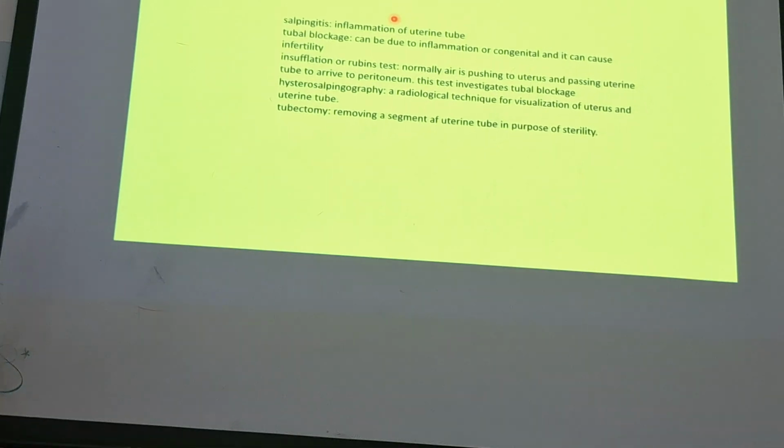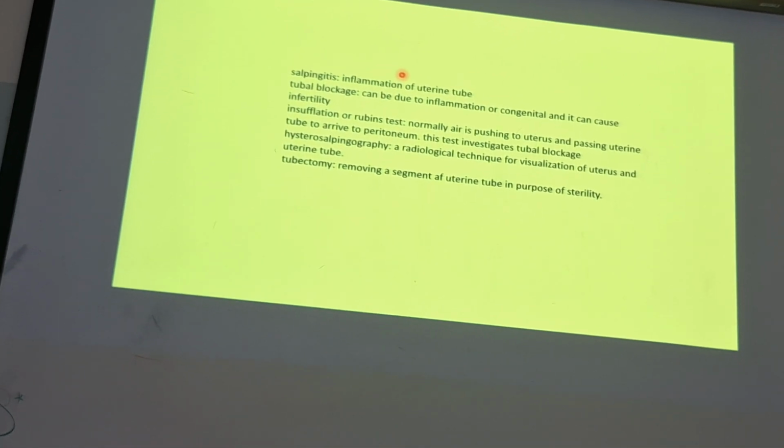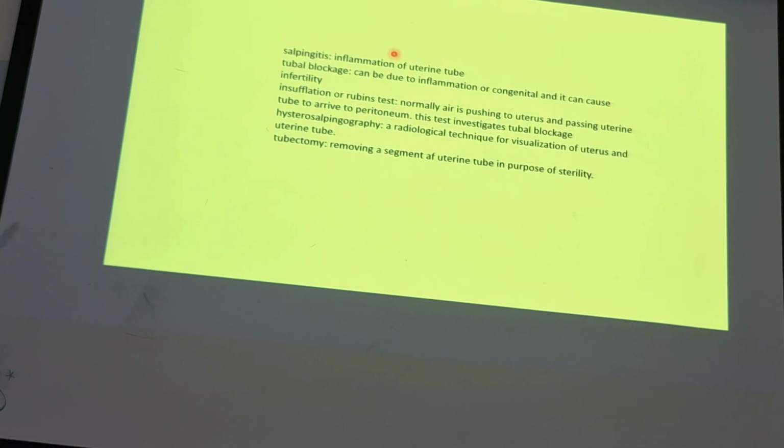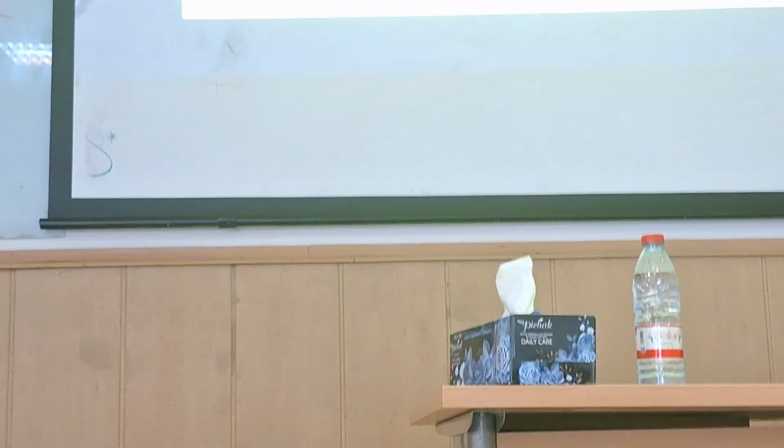Salpingitis. Salpinx means tube. Okay? Fallopian salpinx means oviduct or uterine tube. Salpingitis means any inflammation in the oviduct. Okay? Another name is tubal blockage.